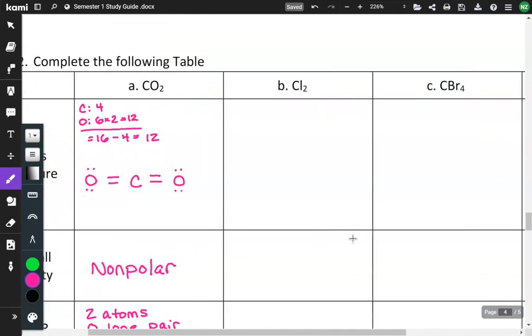All right, Cl2. Chlorine has 7 valence electrons. There are 2 chlorines, that's 14. Chlorine, chlorine. Bond them. I have 12 left: 1, 2, 3, 4, 5, 6, 7, 8, 9, 10, 11, 12. So I used up all 12.